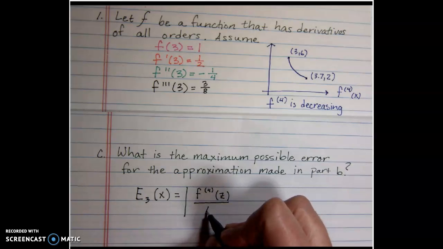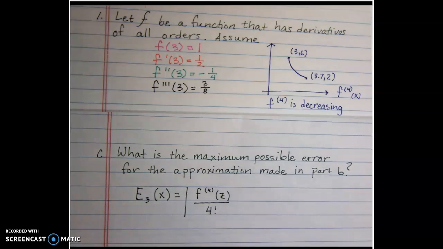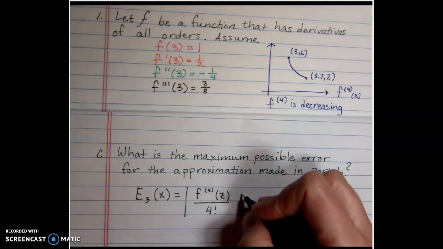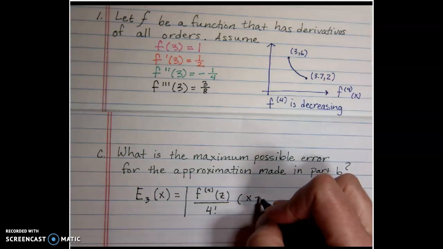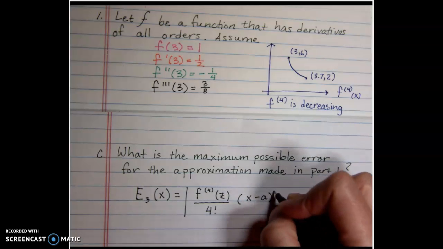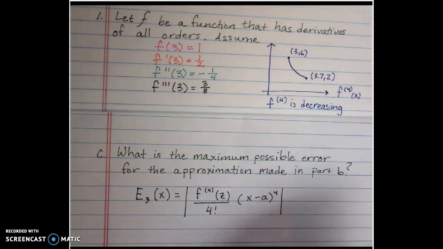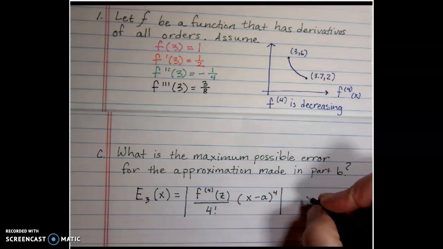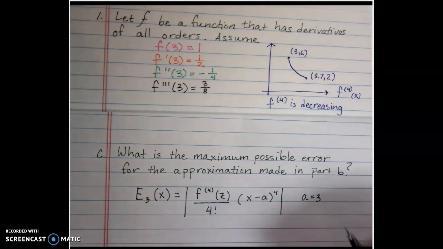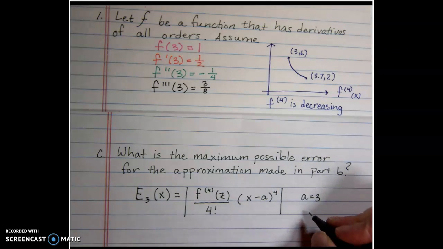And then we're going to use the 4 factorial, and we're going to use x minus a to the 4th power. Since our polynomial is centered around 3, a is 3, and since we're evaluating our polynomial at 3.7, x is 3.7.